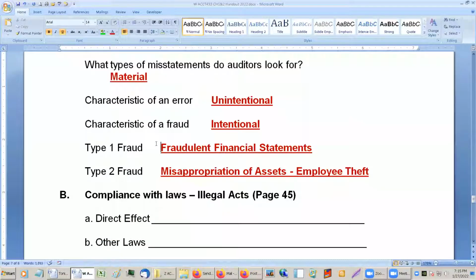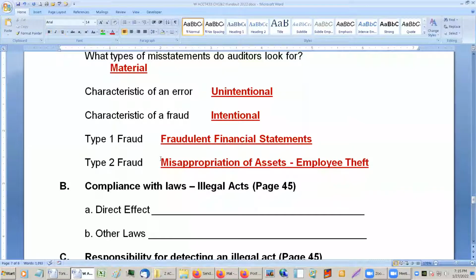Which one of those two are we more concerned about, do you think? Fraudulent financial statements or employee stealing? Fraudulent financial statements. Yep. So the focus of audits is usually on this, and especially if you're talking about larger companies, it would be very unusual to have a fraud that would distort the financial statements.